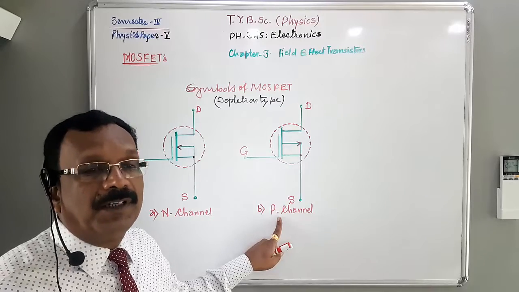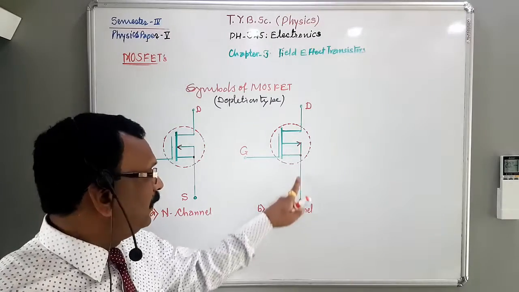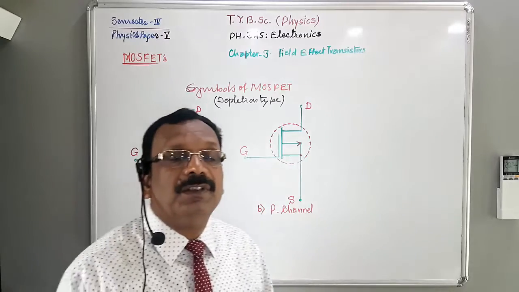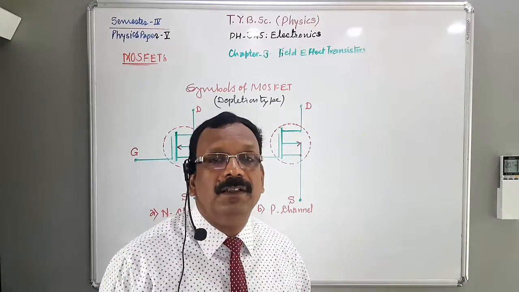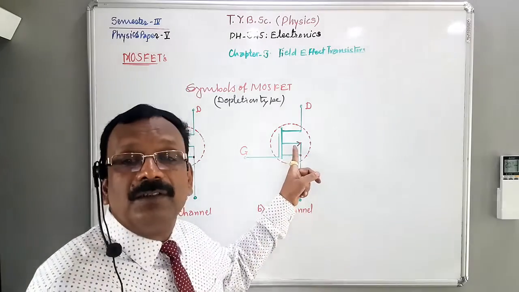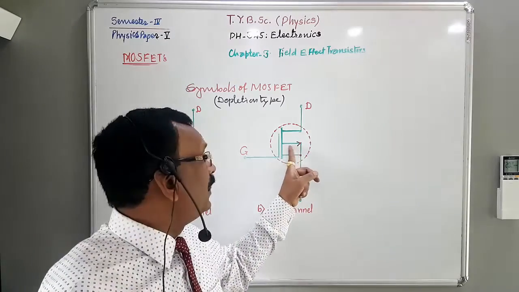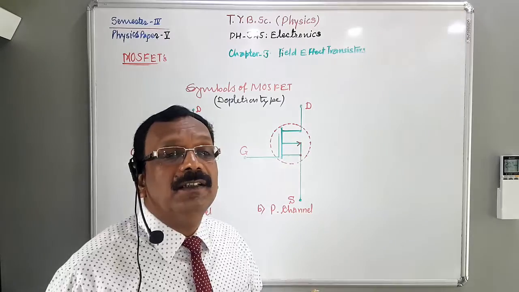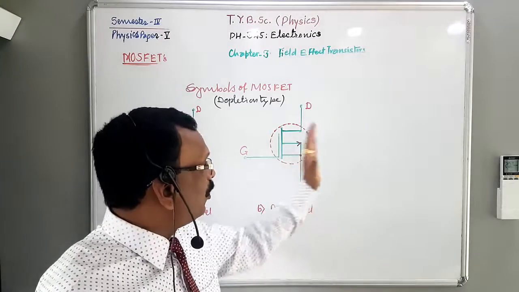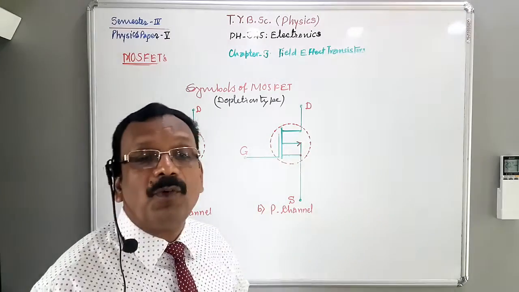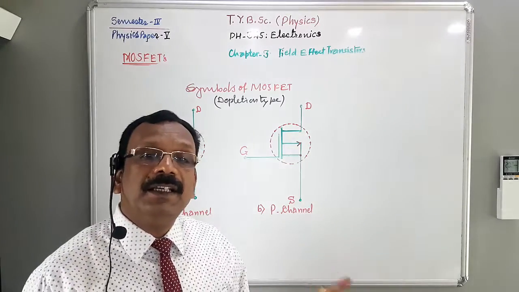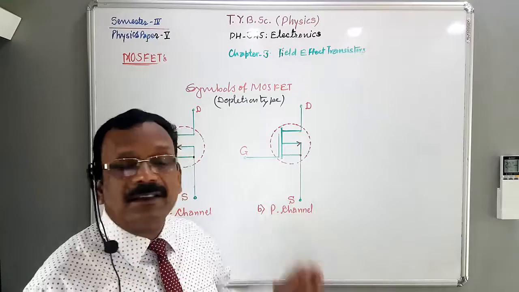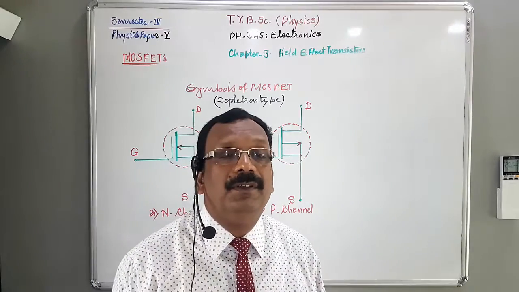depletion type MOSFET. This figure shows the symbol of P channel depletion type MOSFET. The arrow on the N substrate points out away from the channel. This indicates that the channel is P type.